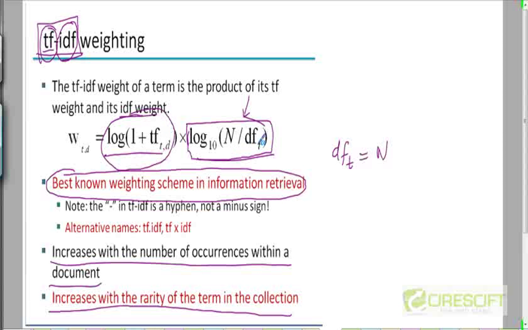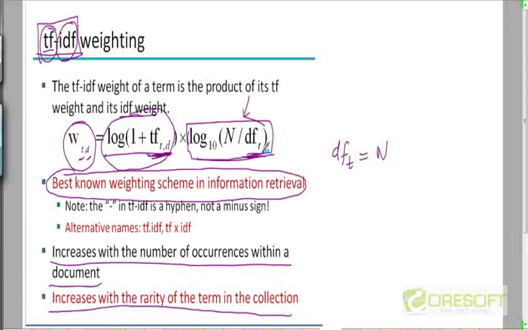But the IDF score just depends on the term, because the IDF score is determined just based on the document frequency for that term. Of course, because we are combining both of these, the overall weight will depend on both the term and the document, because this component depends on both, even though this one just depends on the term.